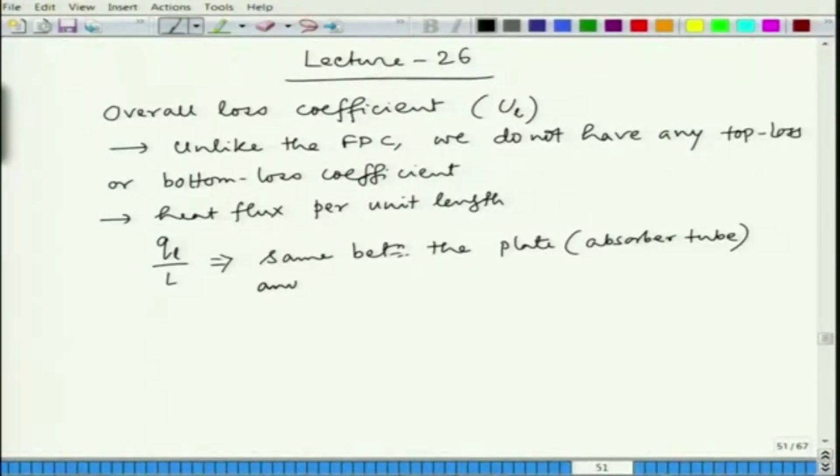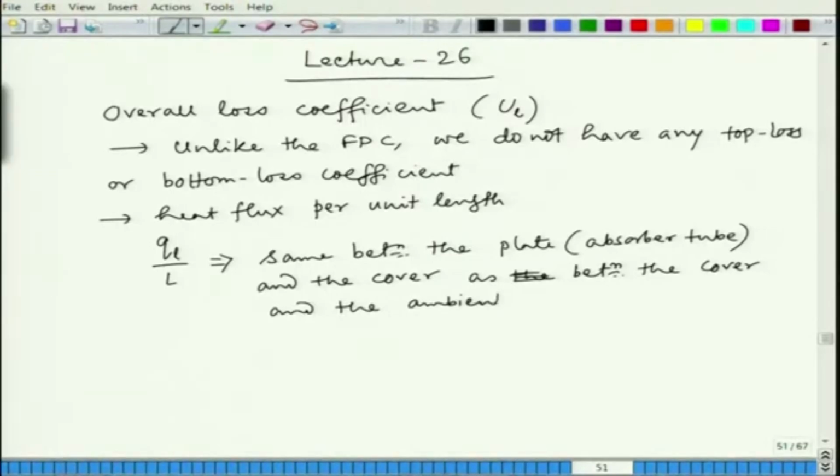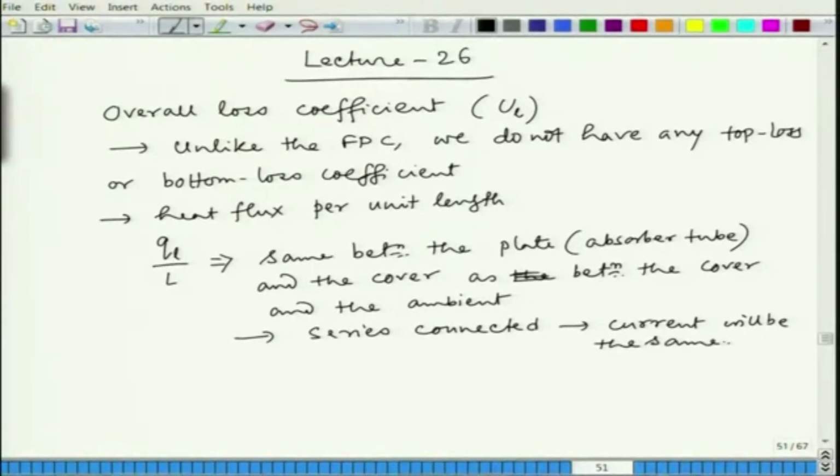So, that heat flux between the plate and the cover will be the same as between the cover and the ambient, right, because the current will be the same as they are series connected. Okay.